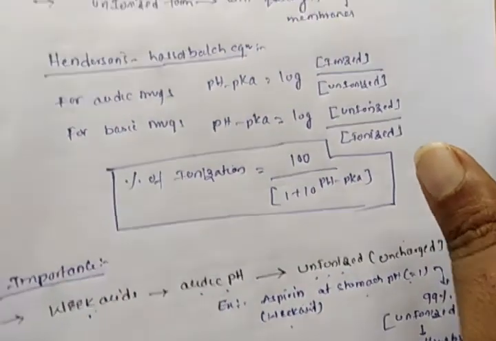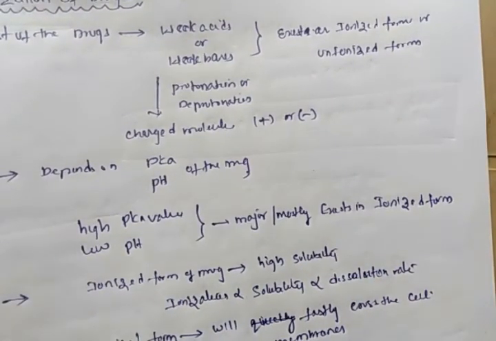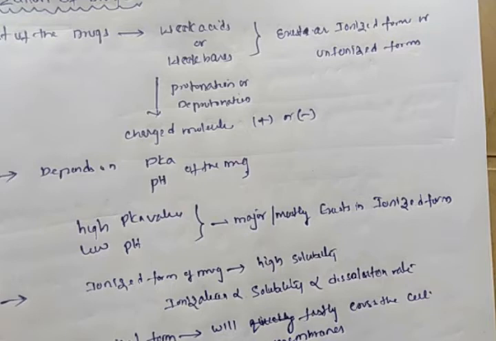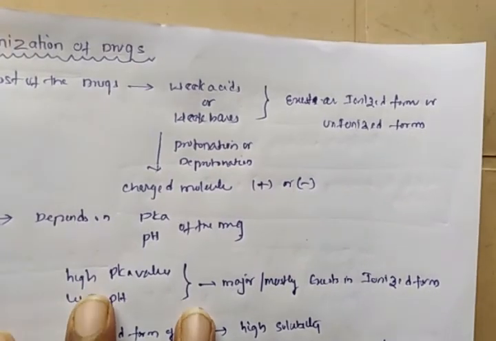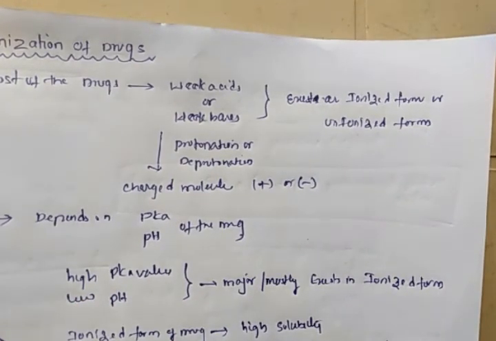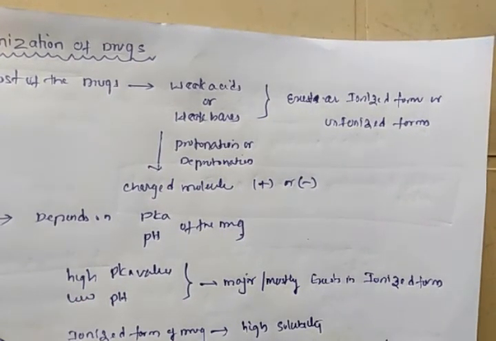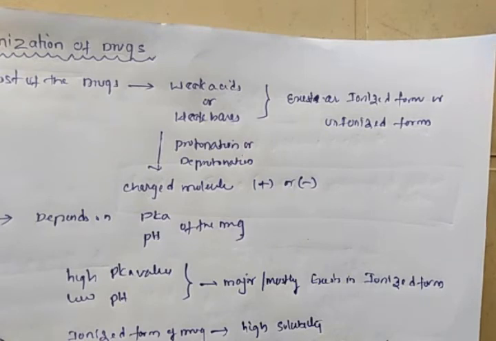So once again explaining, ionization of the drug is nothing but, if a drug is protonated or deprotonated, charged molecules will be produced. Most of the drugs are weak acids or weak bases. These weak acids or weak bases, whenever they are exposed to the solvent, mostly undergo ionization.